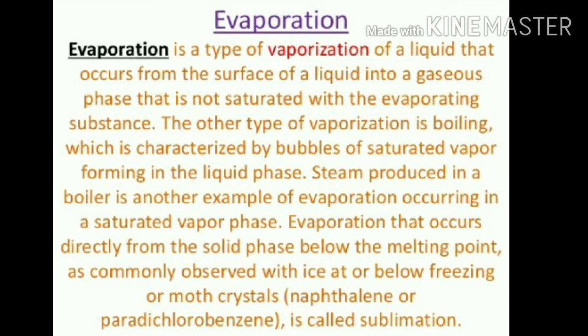So where could we use it? Suppose two substances get mixed, where one is easily evaporated and one is not. Suppose salt and water are mixed. How are we getting salt? By the evaporation process. You have seen, we are getting salt from the sea water.